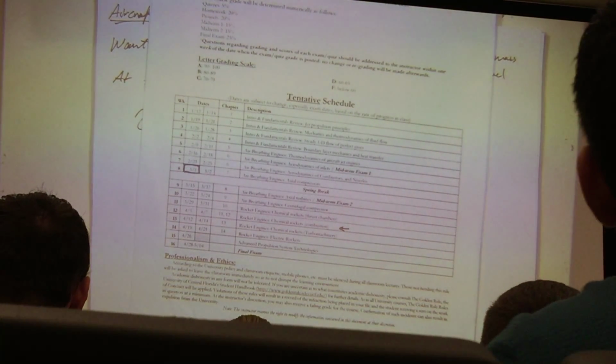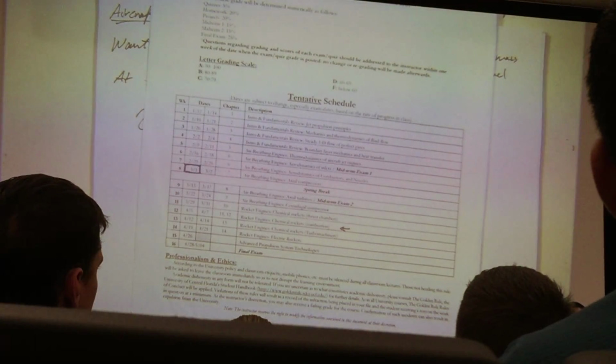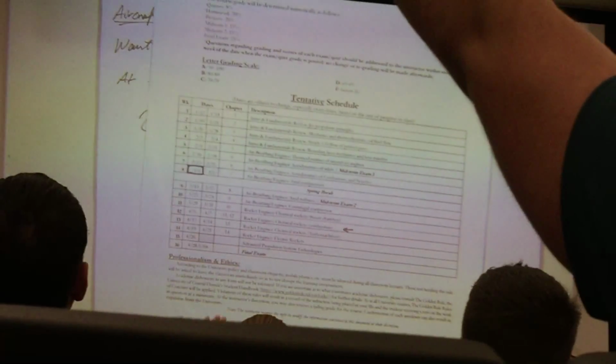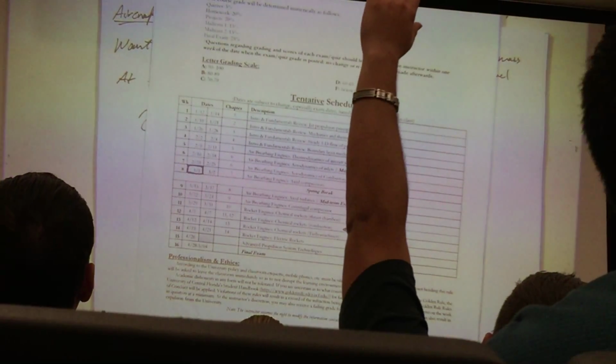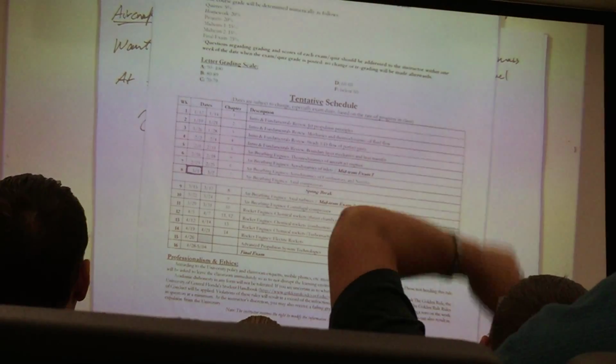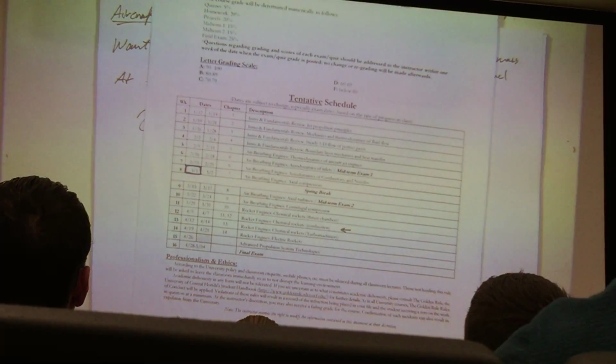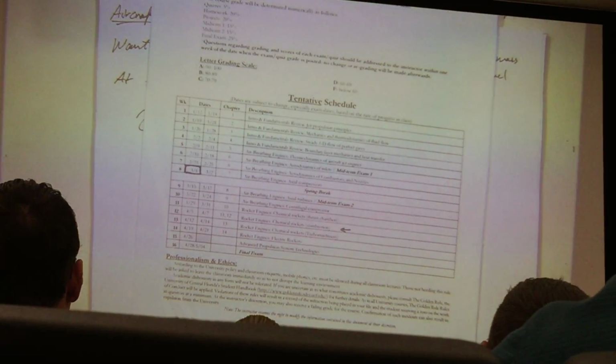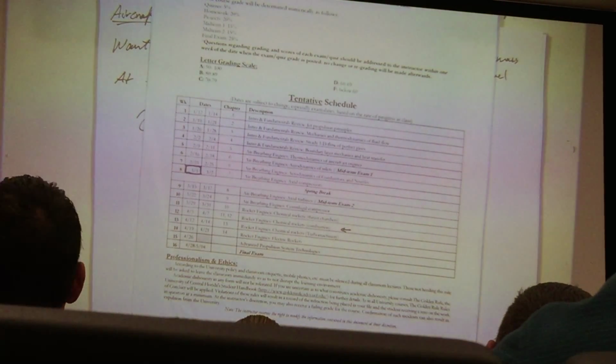Which date do you want? The 14th? How many want the 12th? How many want the 14th? Some are not even listening. I just don't care. Yeah, I don't care. Wait, what? The 14th?